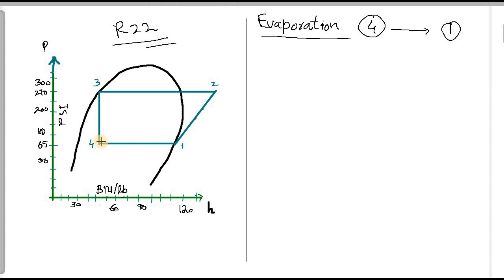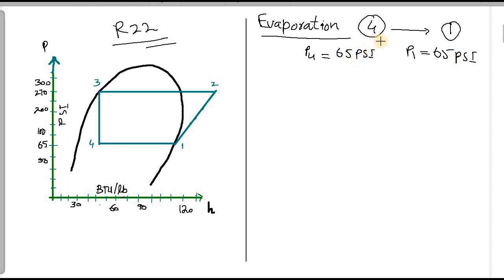Here the pressure will be P4, and the corresponding pressure is 65 psi. And here this is our P1, and the corresponding pressure for P1 is 65. P1 is equal to 65 psi.